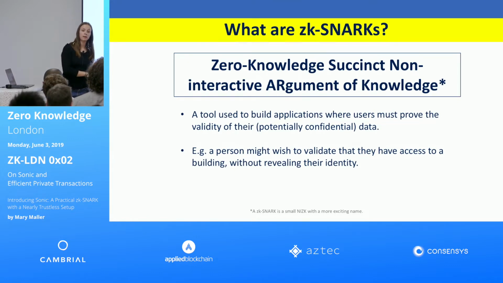And having something correct that's not private is also fairly easy, because you can just say, here's my thing, it satisfies this property, and then people could check it in the clear. But having both properties hold at the same time becomes more complicated, and this is where we tend to use zero-knowledge proofs.